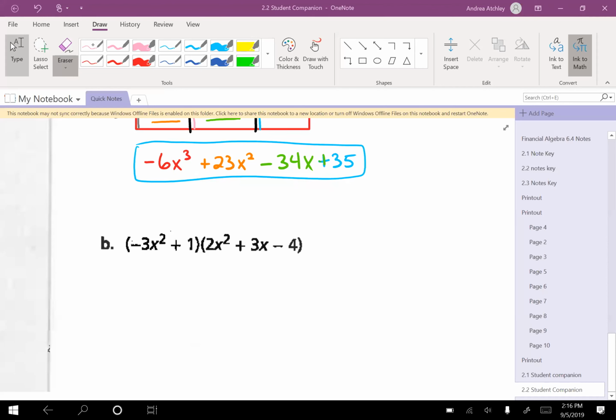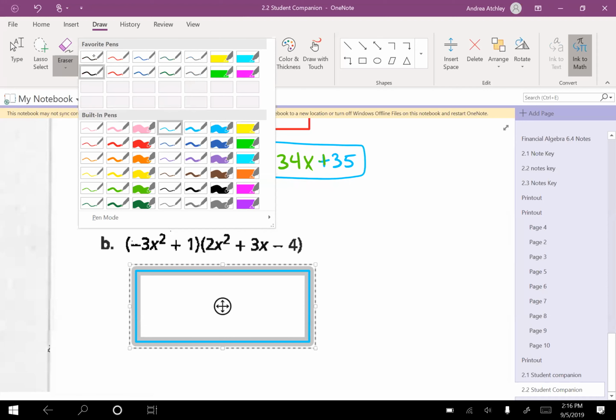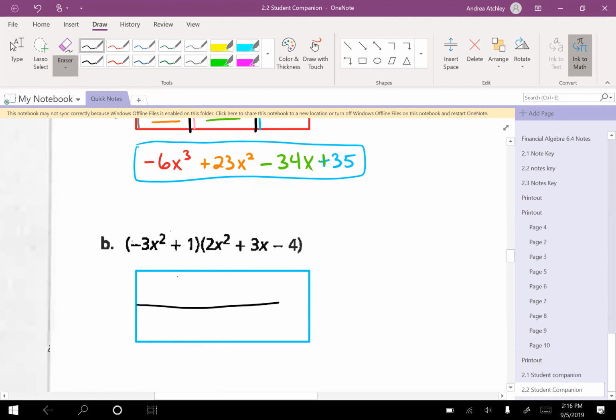Okay, so our answer should have been, let's work this one out. So negative 3x squared plus 1, 2x squared plus 3x minus 4.